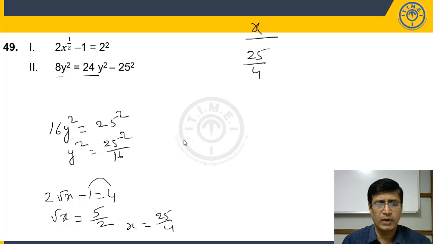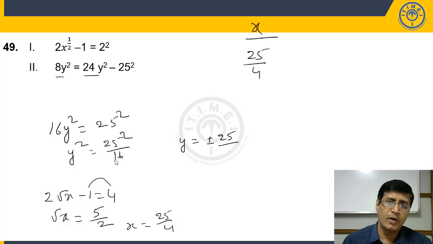The value of y involves 25 square. Now 25 square means 625. 625 by 16. The square root of 625 is plus or minus 25, and for 16 it is plus or minus 4.